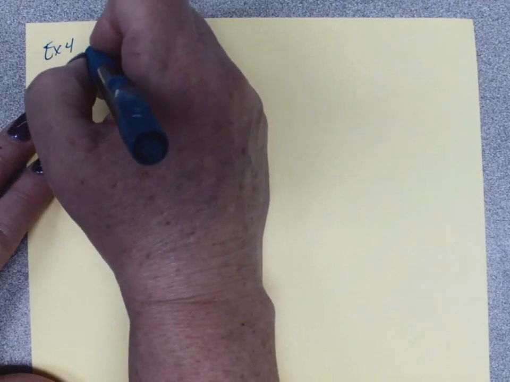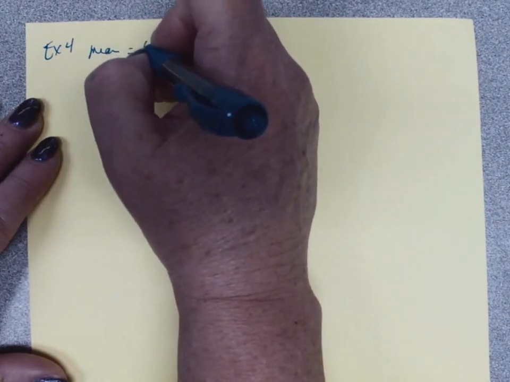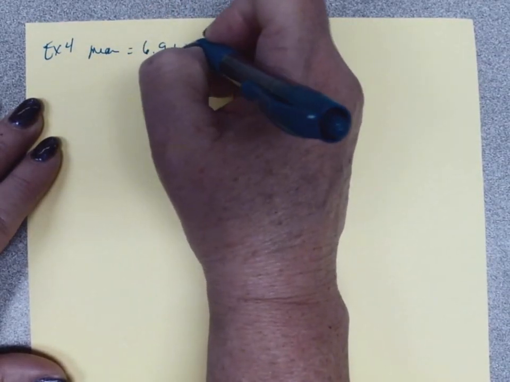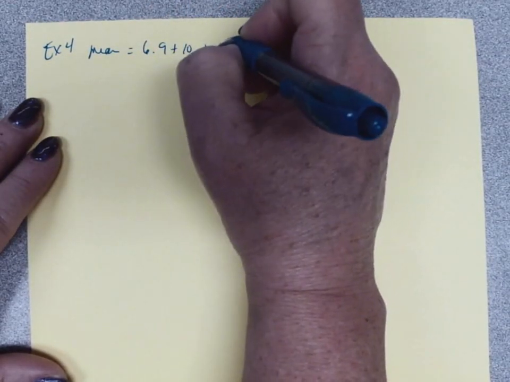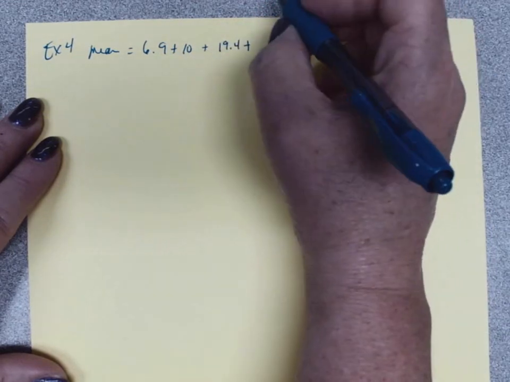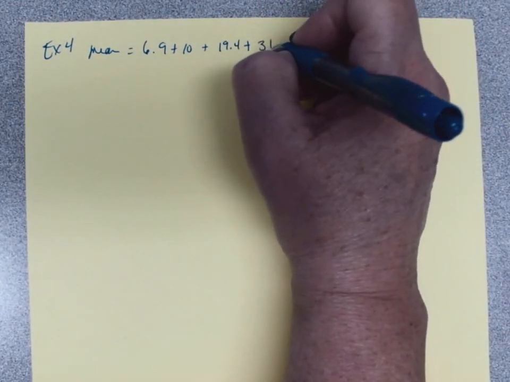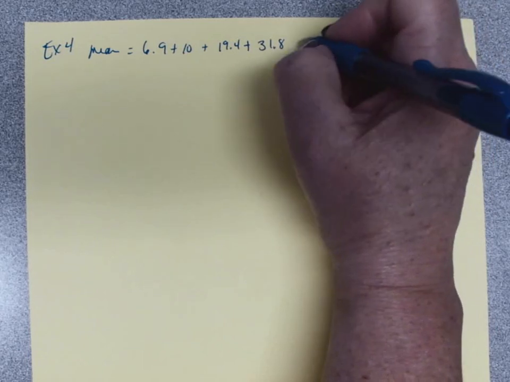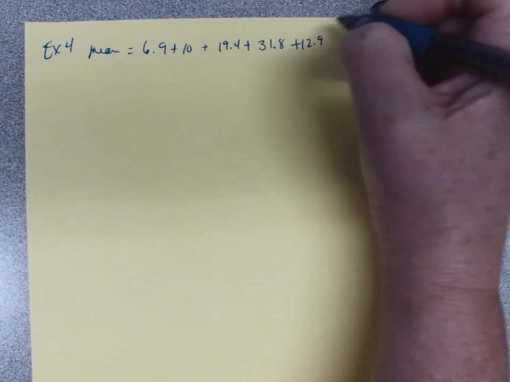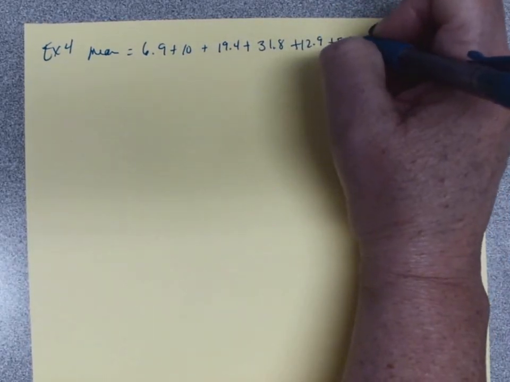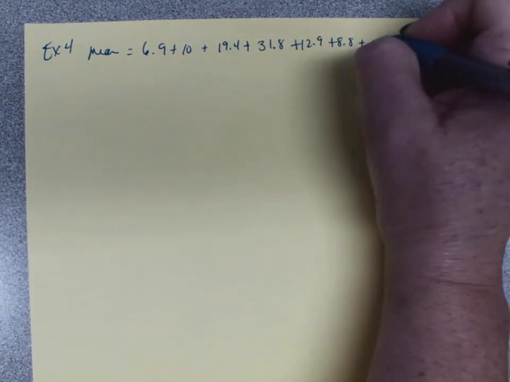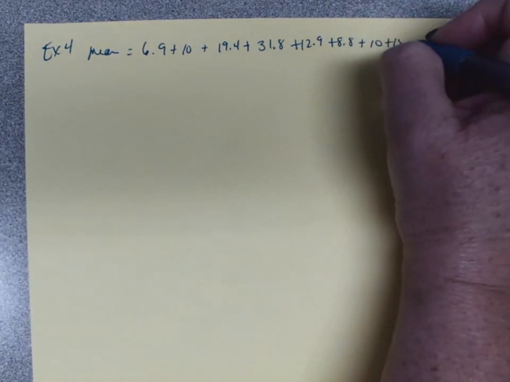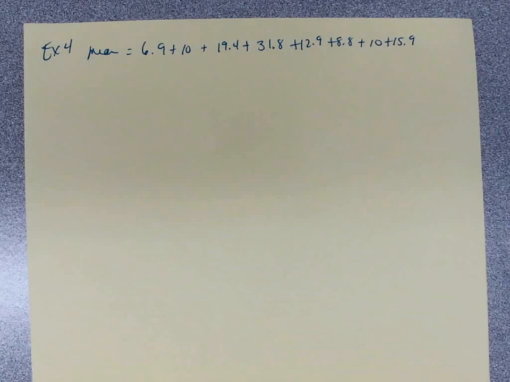All right, so let's find our mean first. So for the mean, I'm just going to add them all together. So we have 6.9 plus 10 plus 19.4 plus 31.8 plus 12.9 plus 8.8 plus 10 plus 15.9.